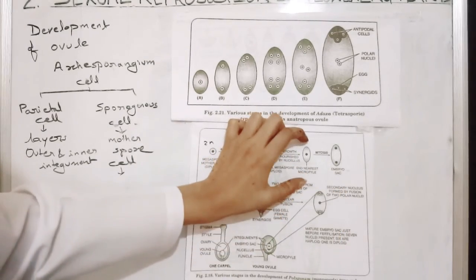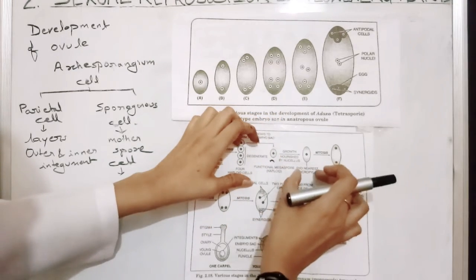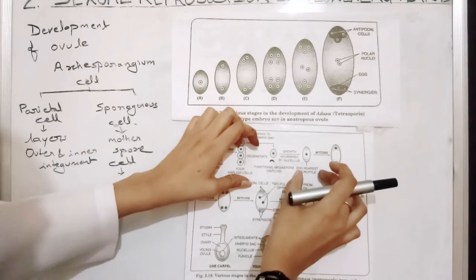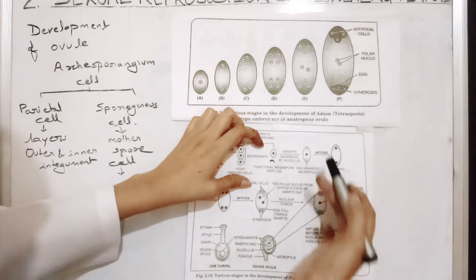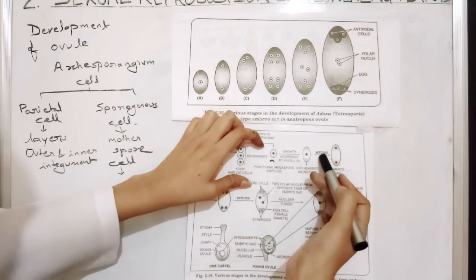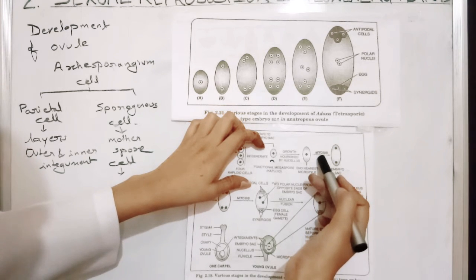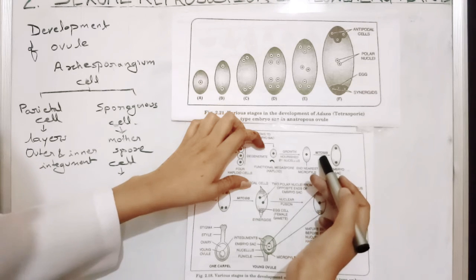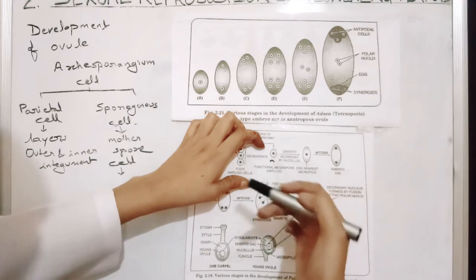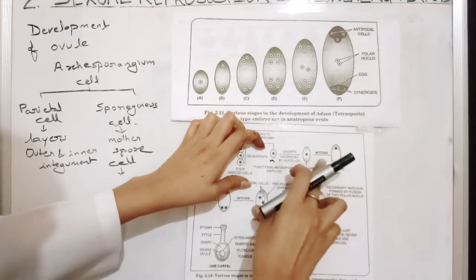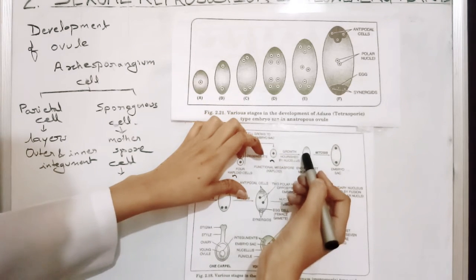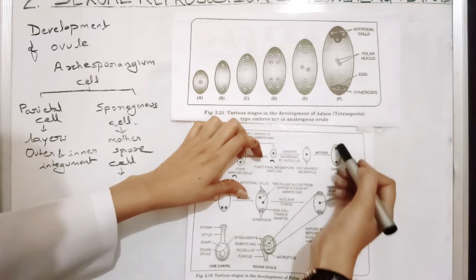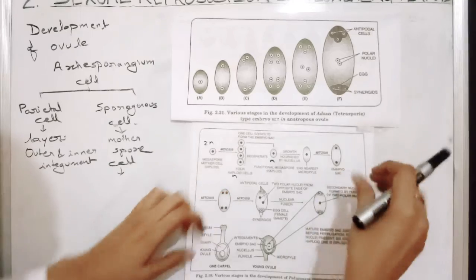Now this megaspore, after getting nourished, divides further by mitosis. This division is not a reductional division. The chromosome number does not become half. Here the nucleus is divided and two nuclei are formed.